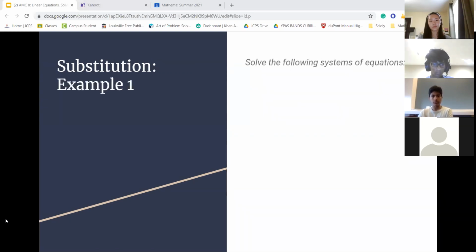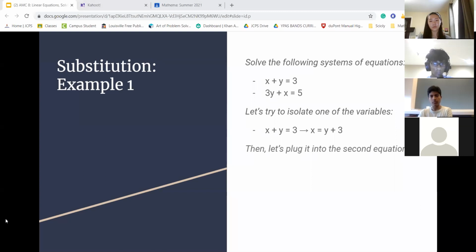So, solving the system of equations using substitution for x plus y equals 3 and 3y plus x equals 5. As we said in the previous slide, we should try to isolate one of the variables. When we have x plus y equals 3, we have x equals y plus 3. Now we've solved for one of the variables, x, and expressed it in terms of y.